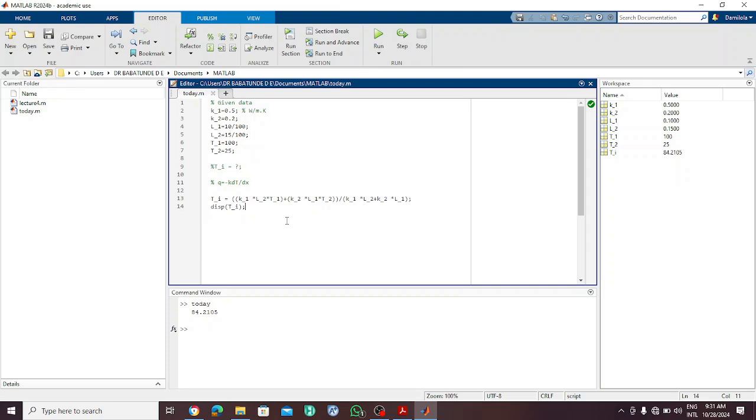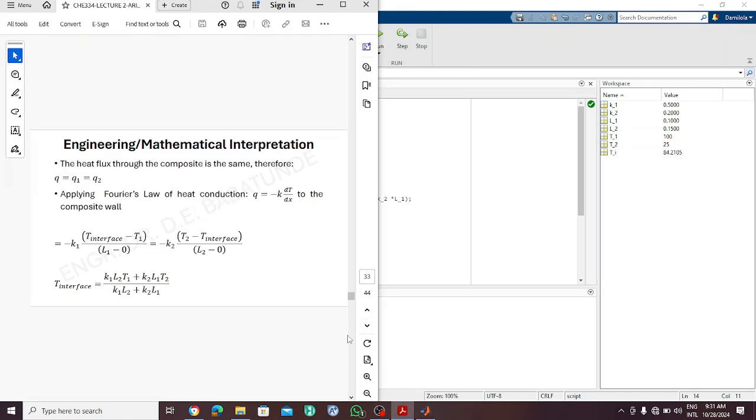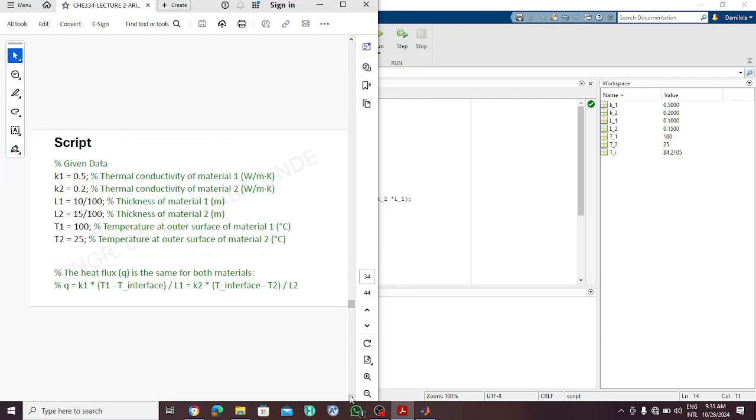What's the next thing? The next thing is to find the flux. We said we could use any of the equations, maybe for material 1 or material 2, to set up the flux. So let's use Q to represent the flux.